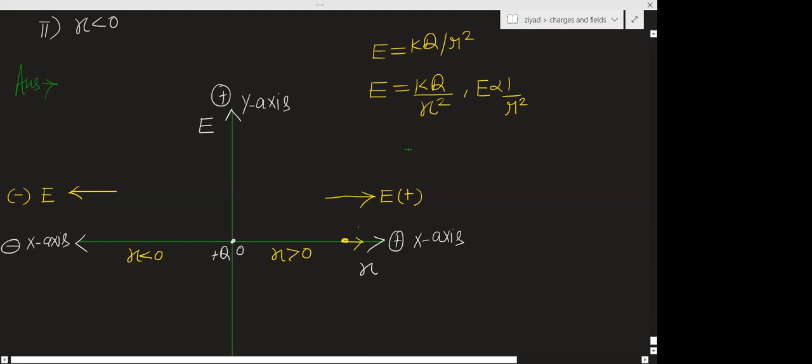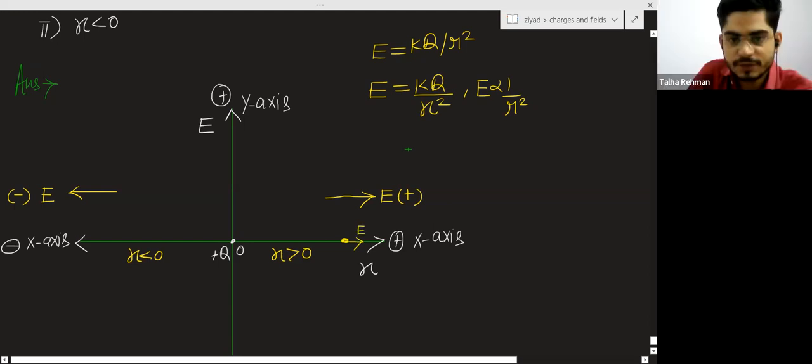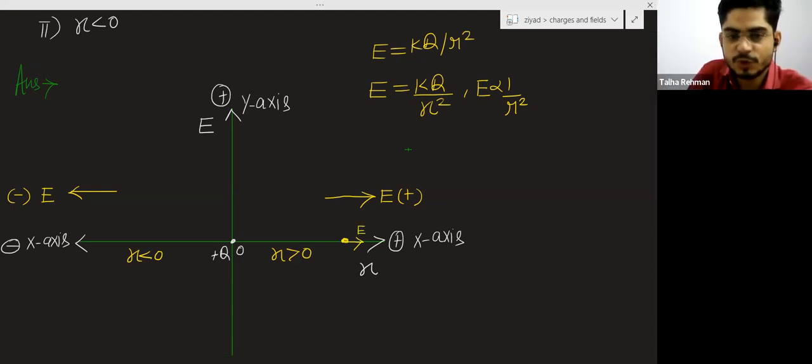I have told you that to find the direction of electric field at any point, consider a positive charge there. This is positive and this is positive, so it will repel like this. Due to this charge, the direction of electric field will be in this direction, and distance is also positive.